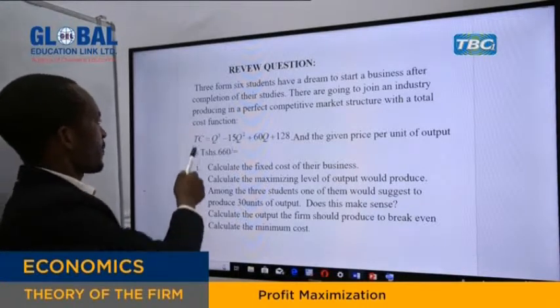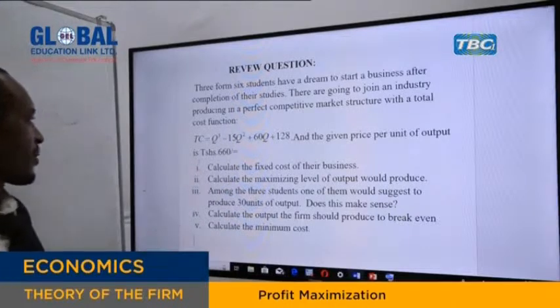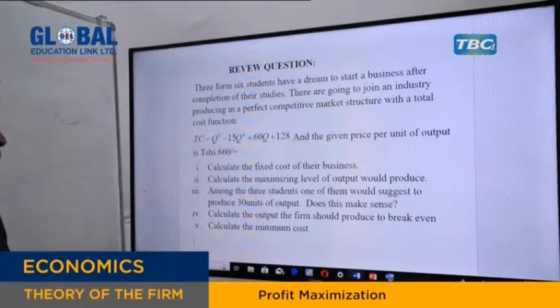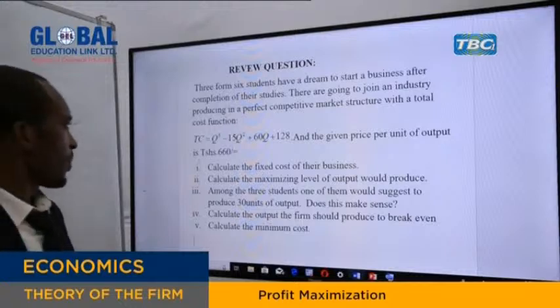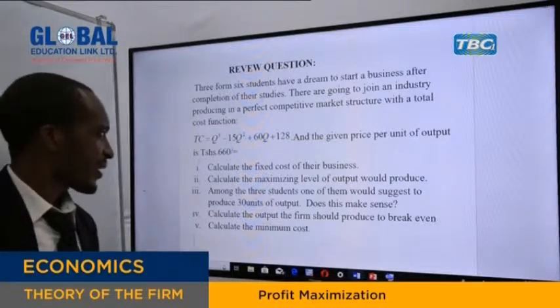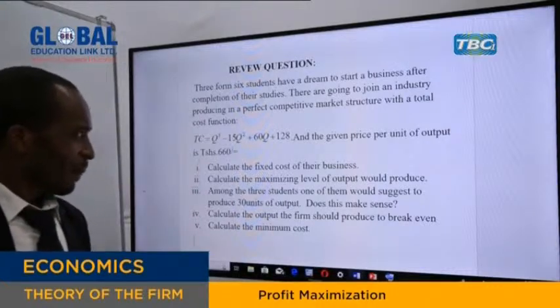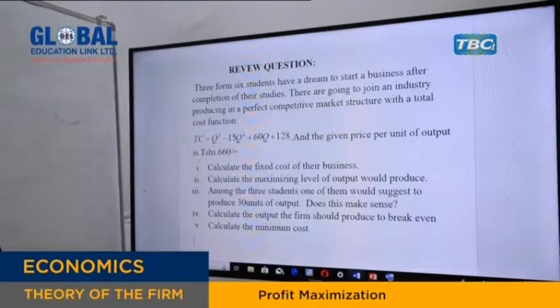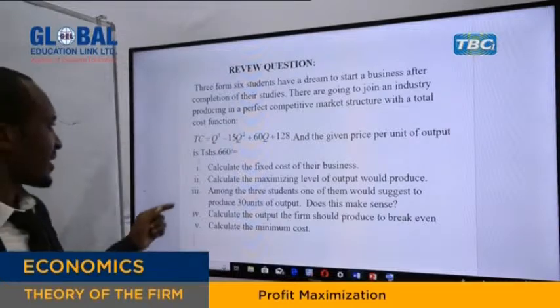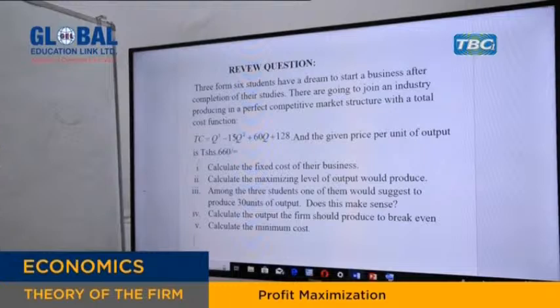Then minus 15, the 2 comes down, so we multiply 15 by 2, then Q to the power 2 minus 1. Then plus 60 times 1, then Q to the power 1 minus 1, since the exponent is 1.